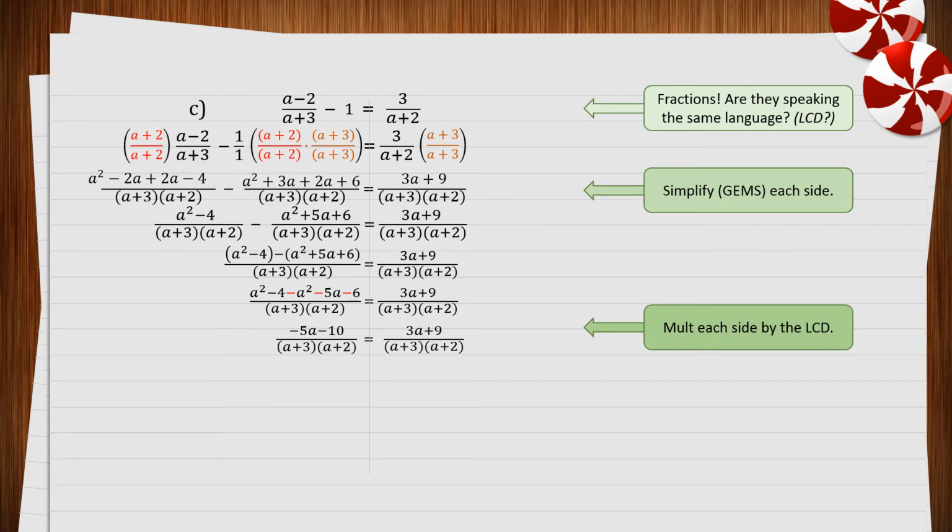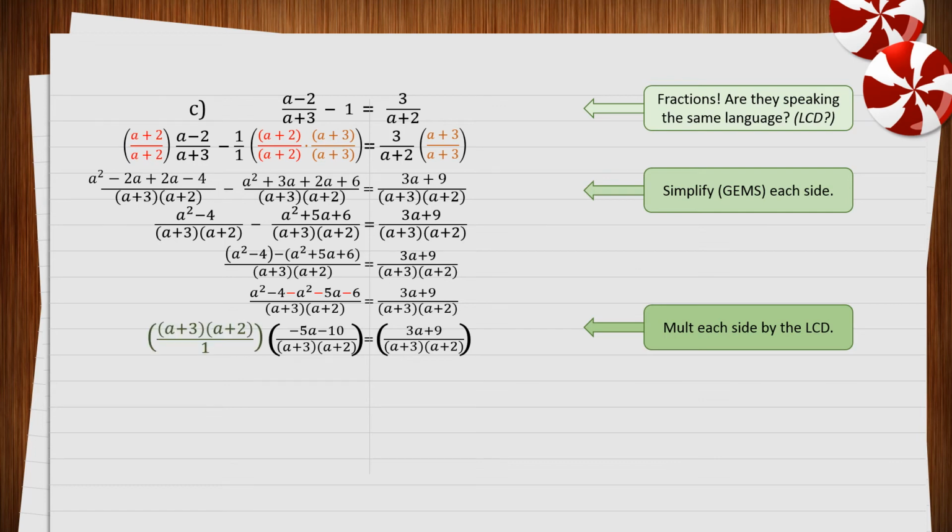Now that we have negative 5a minus 10 all over a plus 3 times a plus 2 equal to the other fraction of 3a plus 9 all over a plus 3 times a plus 2, we are now ready to wipe out the fractions by multiplying each side by the LCD.